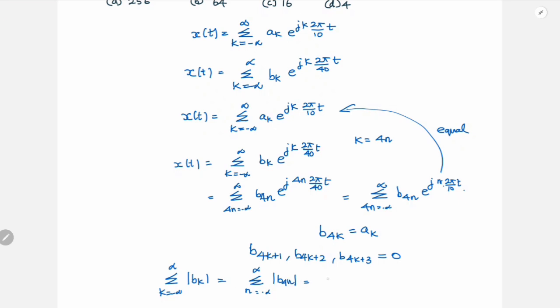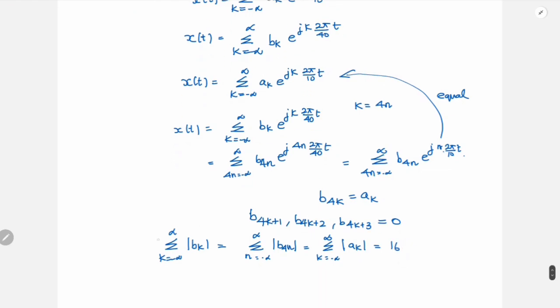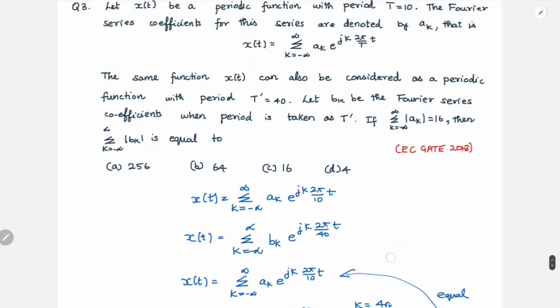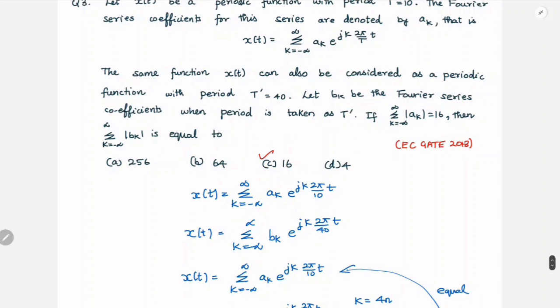This is going to be equal to summation k equal to minus infinity to infinity mod ak, and this is equal to 16. So the sum of the absolute terms of bk is going to be equal to the sum of absolute terms of ak. So the correct answer is option C, which is 16.